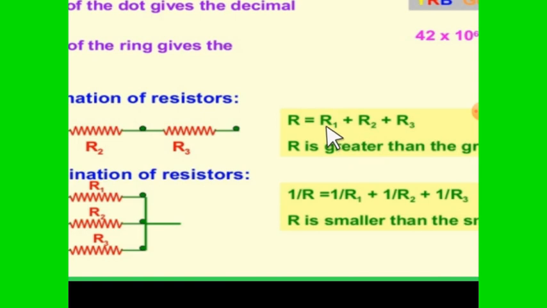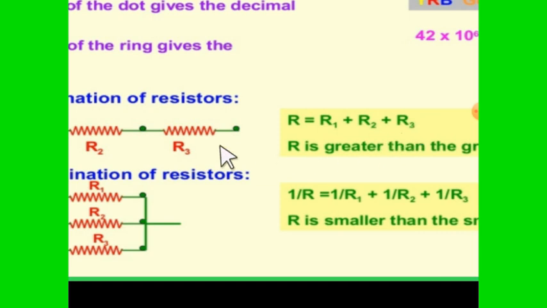So your equivalent resistance will be equal to the sum of the individual resistors. Now the point to be noted here is that your equivalent resistance will be greater than any of the individual resistors. Your R will be greater than R1, greater than R2, and greater than R3 also. Got it? Those are the peculiar properties.